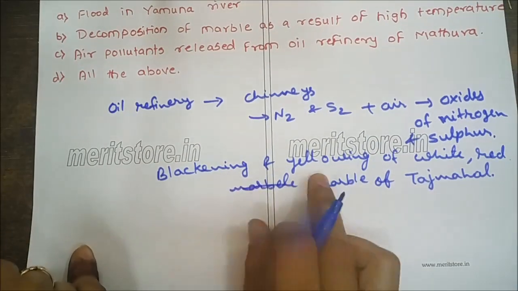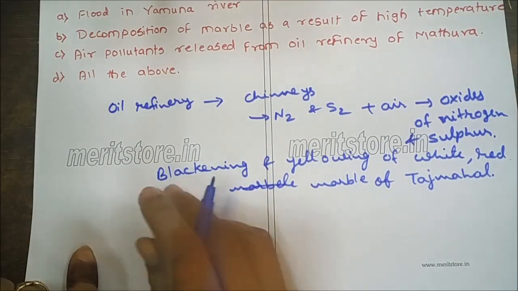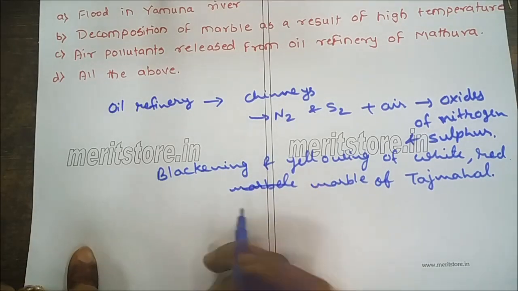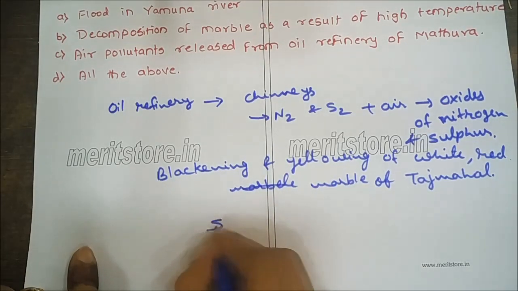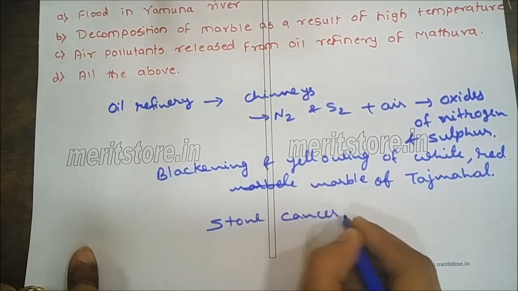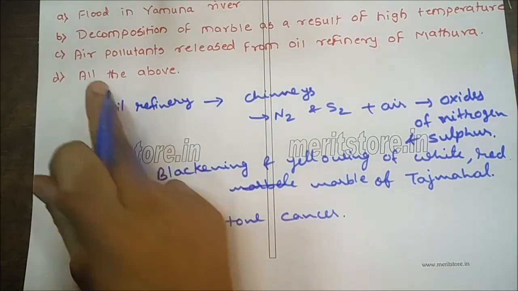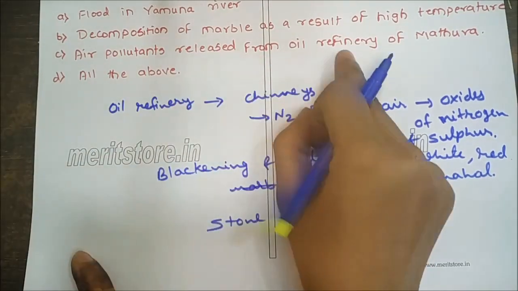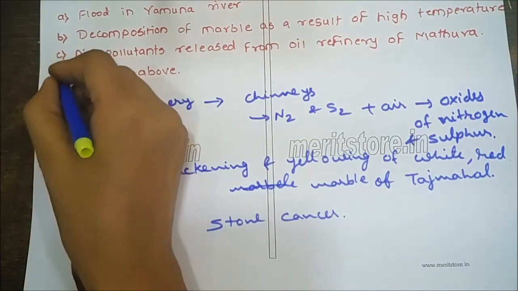This blackening and yellowing of marble is called stone cancer. So the answer will be air pollutants released from oil refinery of Mathura, that is C.